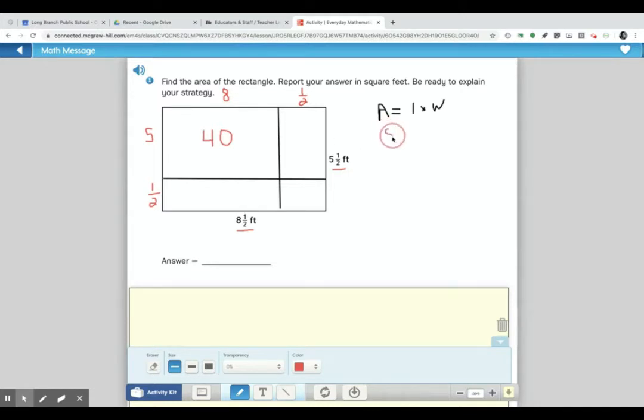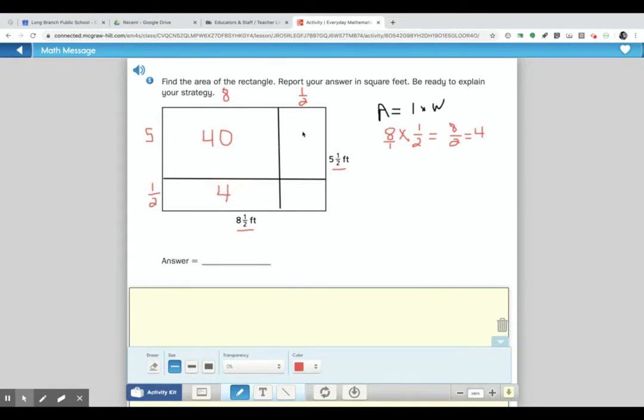So if I want to show my work over here, I can do 8 times 1/2 equals, and when we have a whole number that we're multiplying, you just need to put a 1 below for your denominator in order to keep it still that whole number. So 8 times 1 is 8, 1 times 2 is 2, and 8 halves, which is 8 divided by 2, gives us our answer, which is 4. So this rectangle right here is equal to 4.